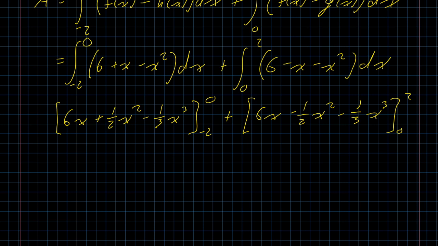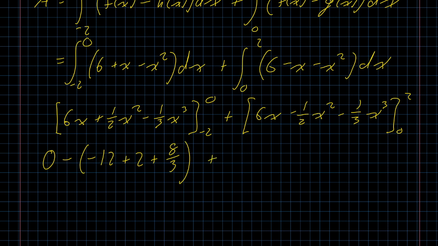All right, plug in x equals 0, you get 0. Plug in x equals -2, you get -12 plus 2 and then plus 8/3.